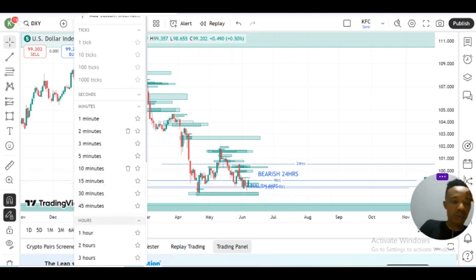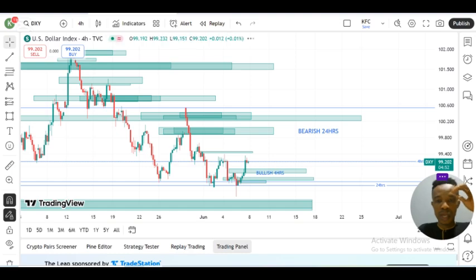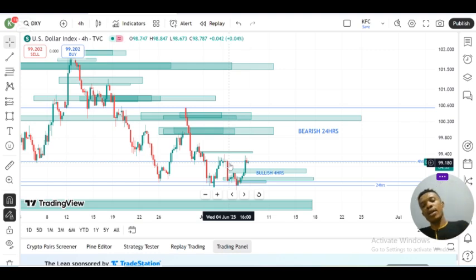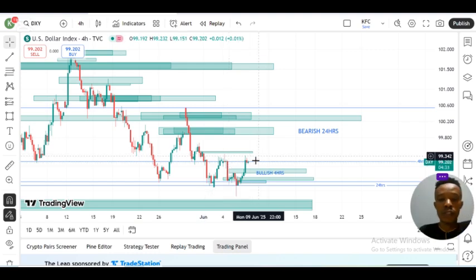But when I went to the 4-hour time frame, I found it bullish. I found it bullish because it's taking out this previous low and this previous high. So these are the previous lower high and this previous higher high. So there's a new higher high here and a new lower low, giving me that bullish confirmation on the DXY.